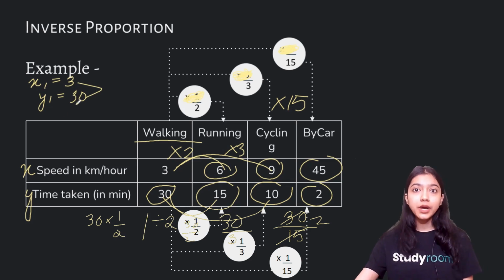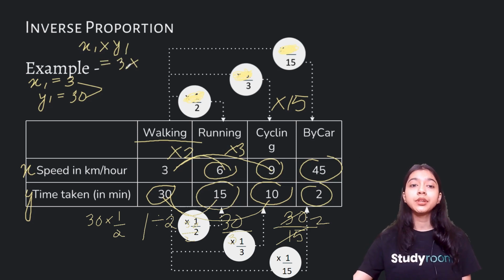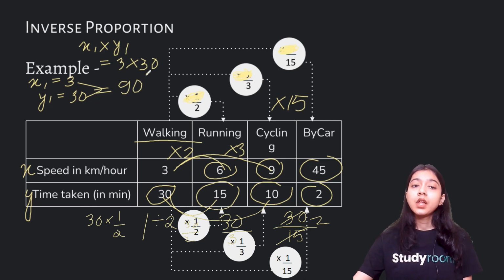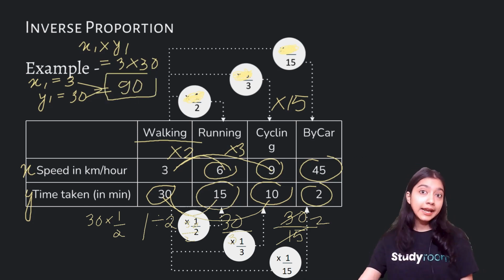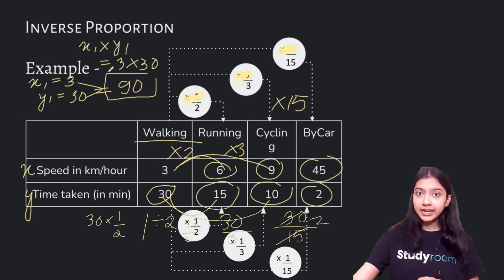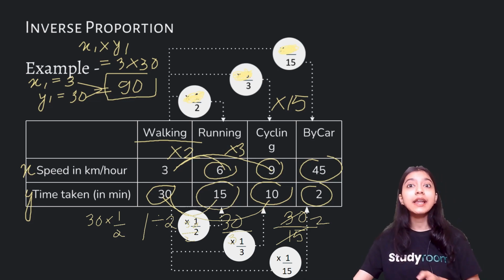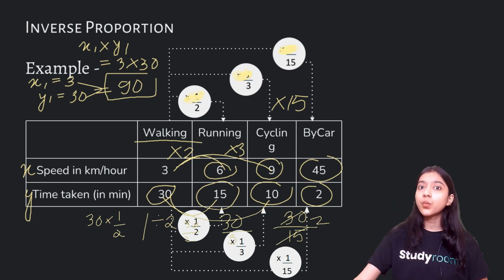So x1 multiplied by y1 gives us 3 multiplied by 30, which is equal to 90. Now we'll be calculating the product of these two variables for x2, y2, x3, y3 and x4, y4 and observe what is happening.